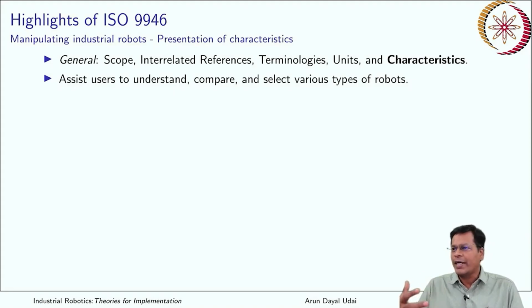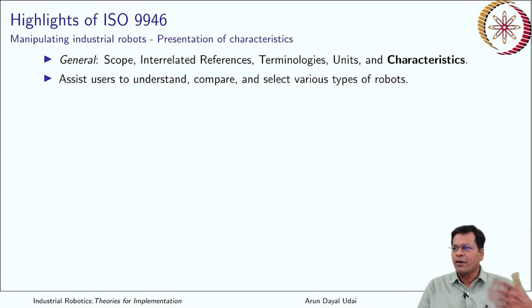In order to understand what this robot is going to give me, if I buy this, what features will I get? I'll be able to compare why this robot and not some other. If you have 2 or 3 similar robots in hand, which one suits my particular application well? So I have to compare.